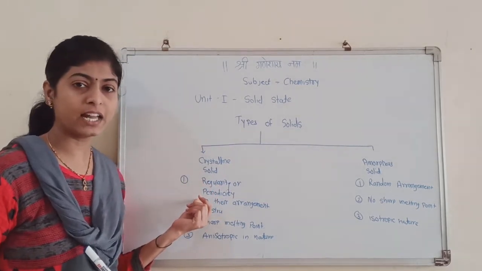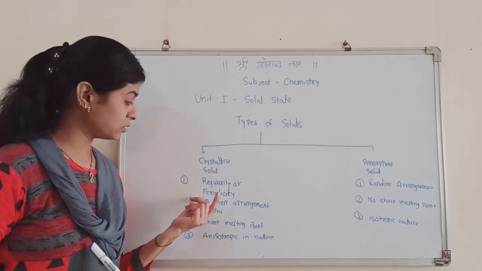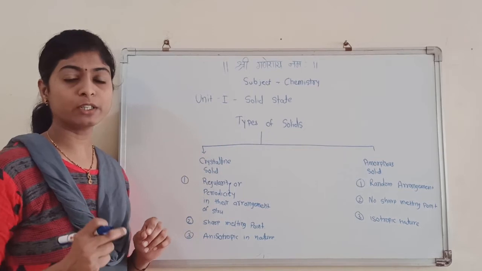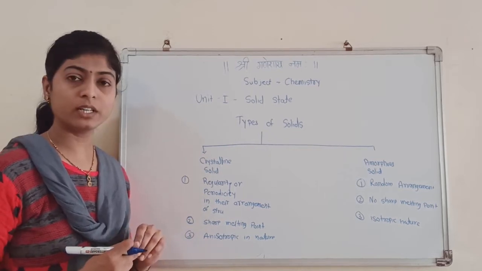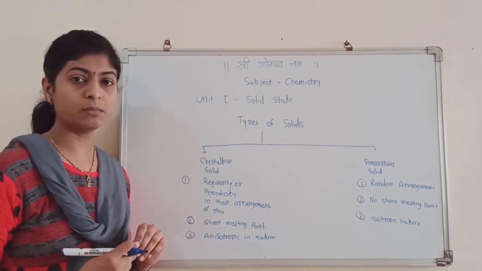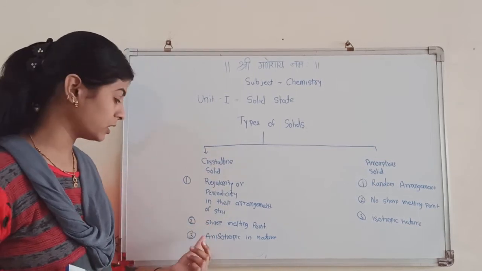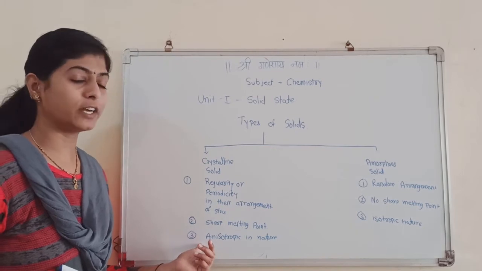Now, first point, there is a regularity or periodicity in their arrangement. Crystalline solids show a very regular arrangement, that is the interparticle distance between them is fixed. Then they have a sharp melting point and show anisotropic effect.